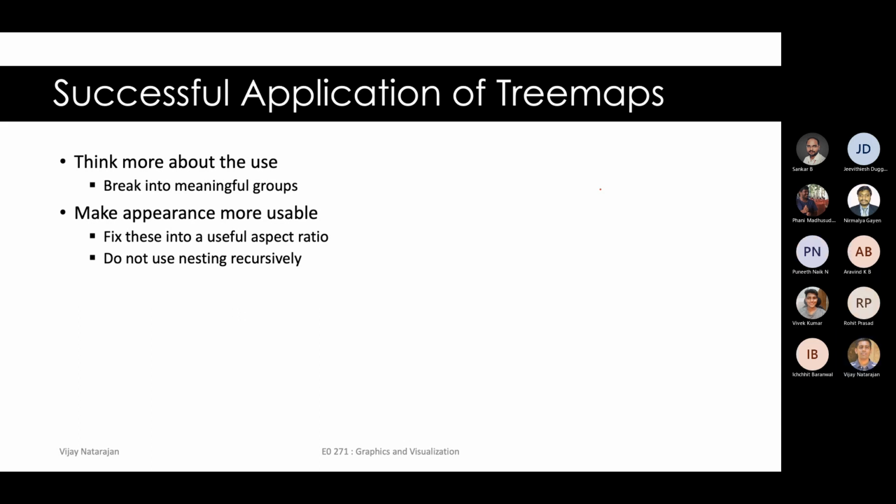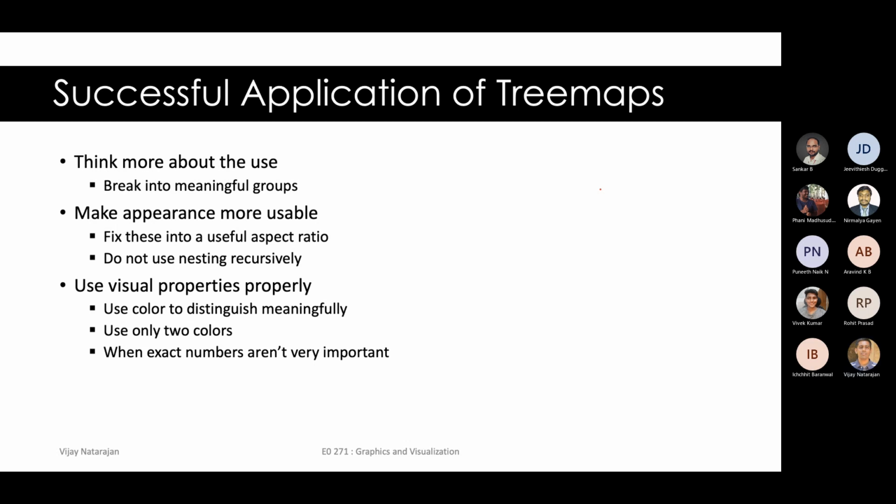If you have a very deep hierarchy, then again it becomes difficult to understand nesting. Color makes sense only if there is a specific task where you want to use it. Maybe you want to use just two colors to distinguish who is beside whom. So there were several such observations.